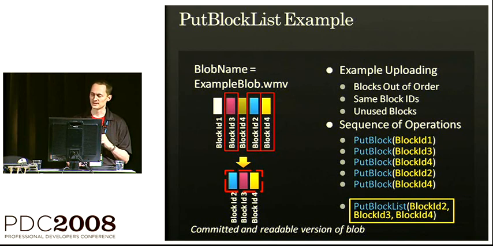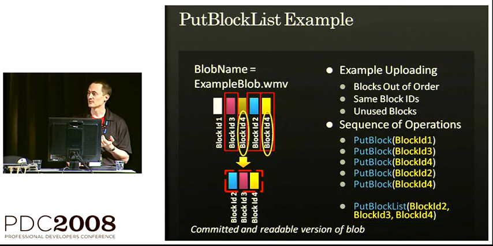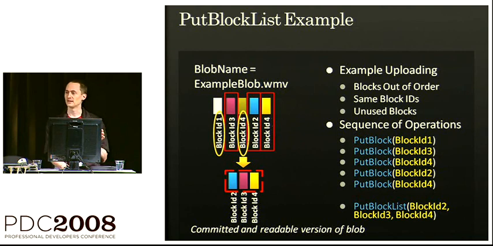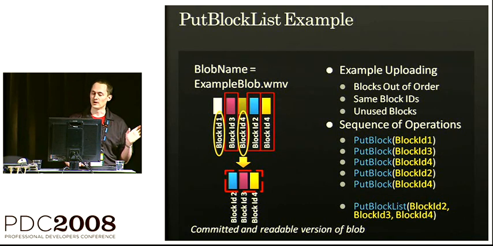The other part of this example is that we actually uploaded blocks with the same ID, block ID 4. Well, that's okay. The last block committed will be the block that's used for the readable version of the blob. And then we've also uploaded blocks that don't end up getting used, such as block ID 1 and the first upload of block ID 4.